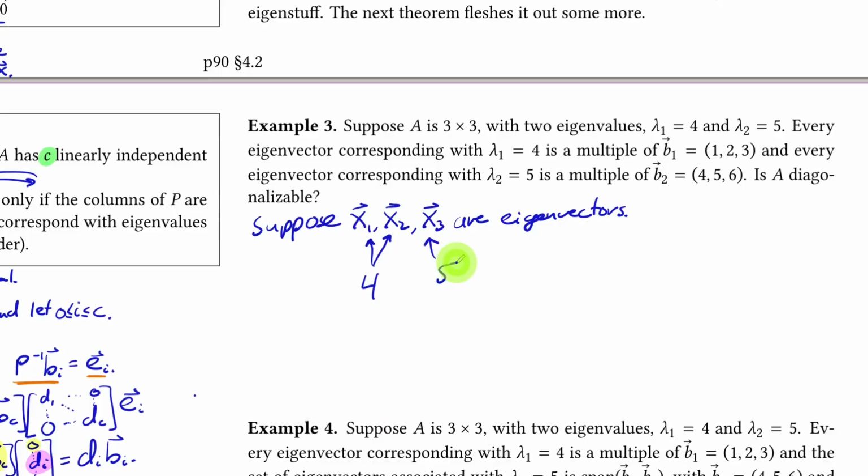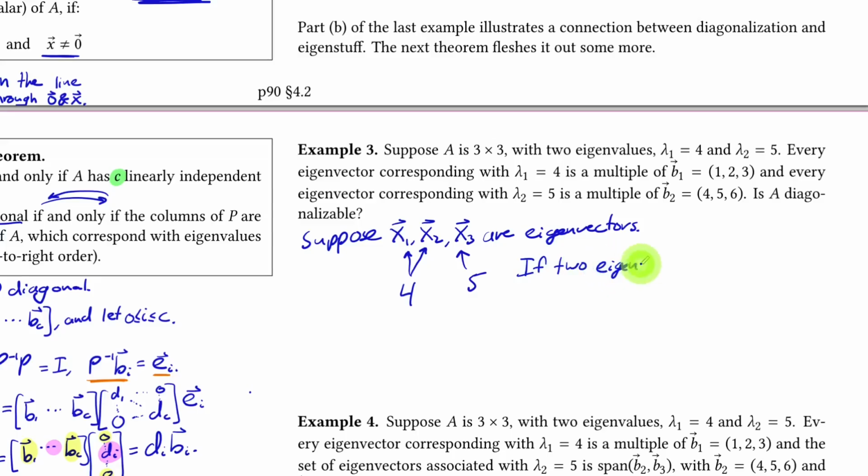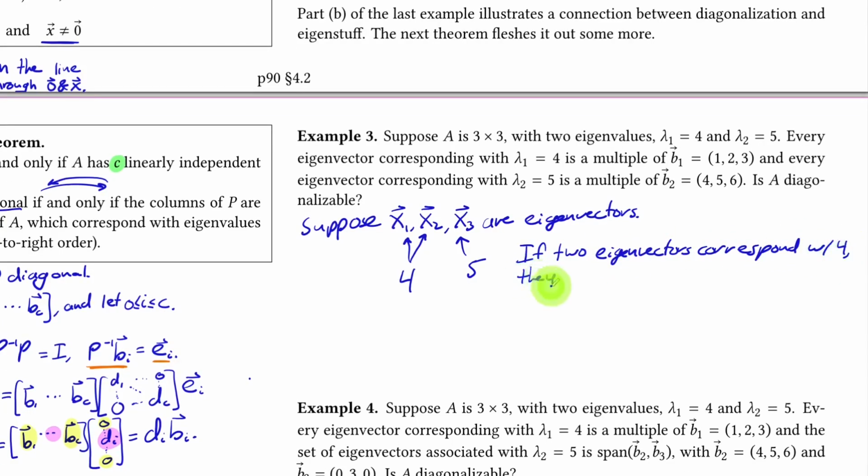And in that case, x1 and x2 must each be a multiple of b1. And if two of your eigenvectors are multiples of b1, that gives you a linearly dependent set because one of them can be written as a multiple of the other one. They're both on the same line through the origin. So that would mean you do not actually have 3 independent eigenvectors.